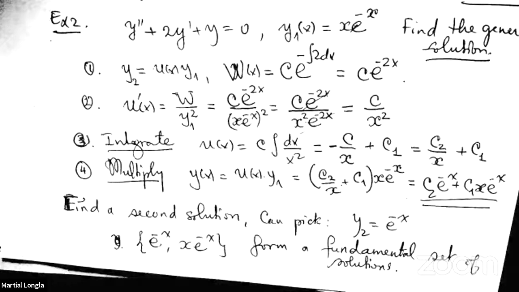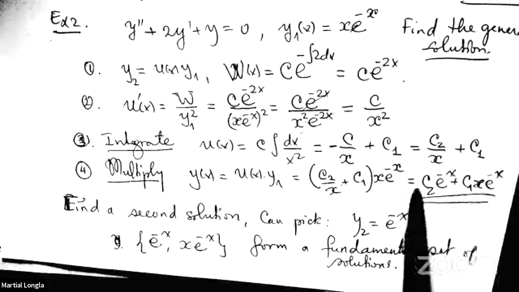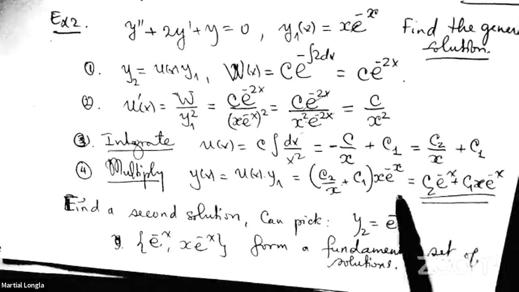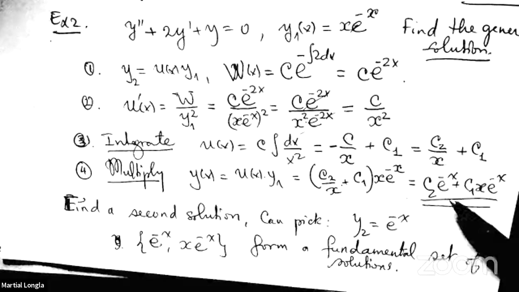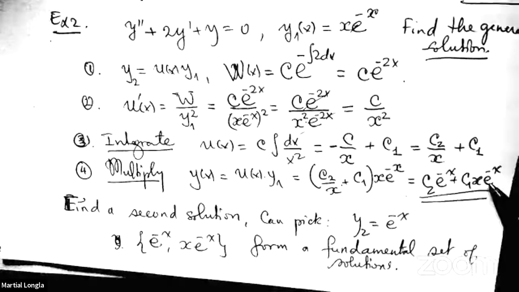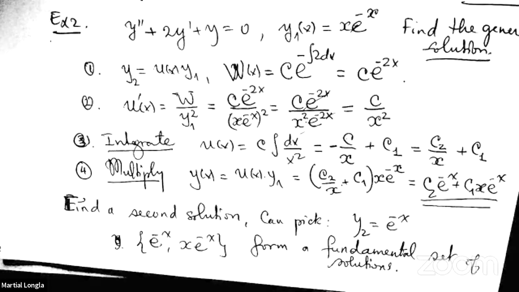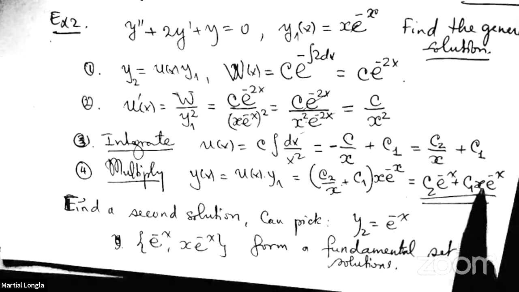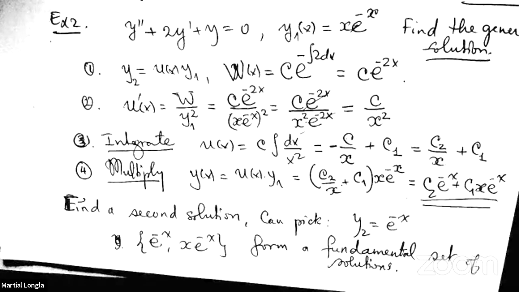Why is that? Because we actually claim that this is the general solution. If this is the general solution, then by what we had last time, these two functions form a fundamental set of solutions because the equation is second order, and these are the basic functions that we found in there.